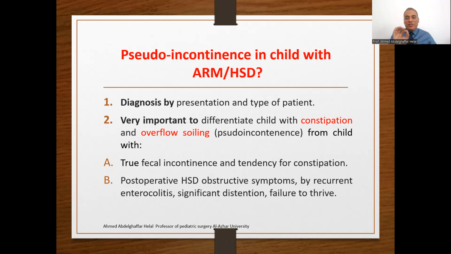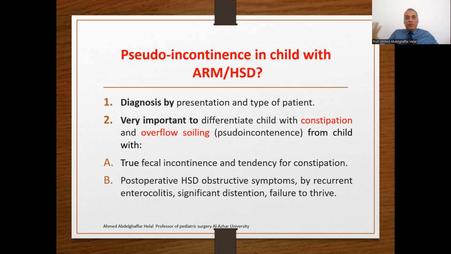It's very important to differentiate a child with constipation and overflow soiling, which is pseudo-incontinence, from a child with true fecal incontinence and a tendency for constipation. A child with true fecal incontinence, yes, has a bad prognosis type: defective sacrum, defect in the spine, complex type of malformation, maybe high type, high bladder neck, cloacal malformation, complex anomalies, flat perineum, no muscles.